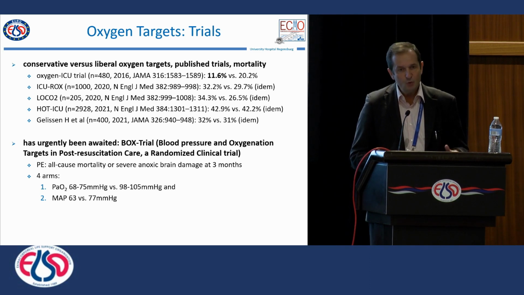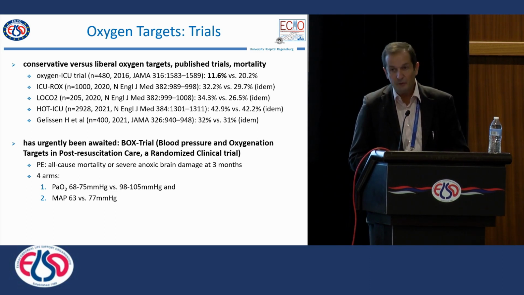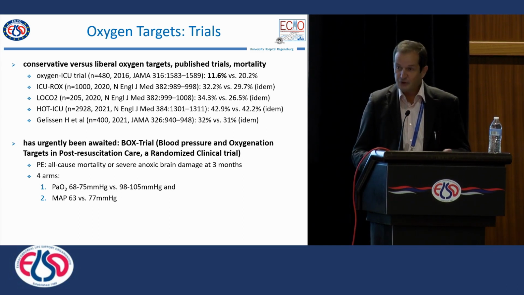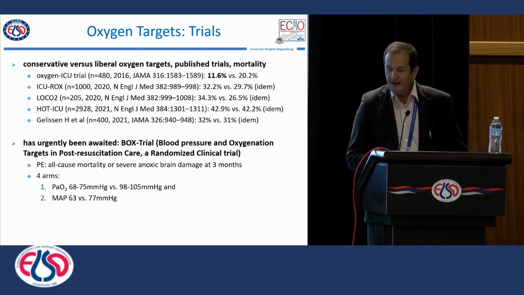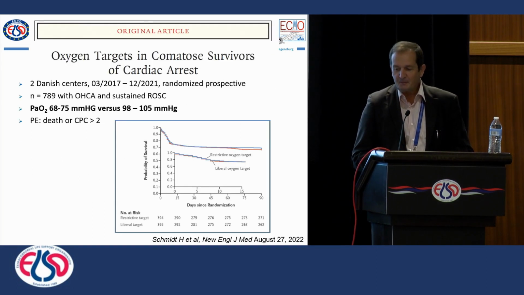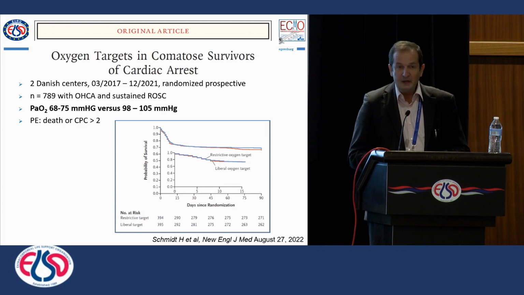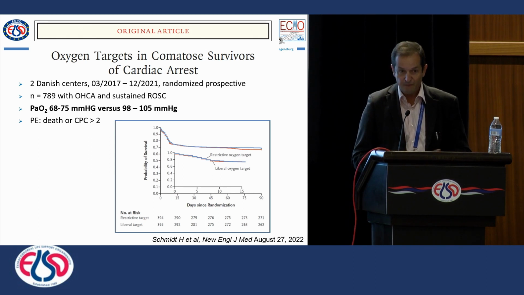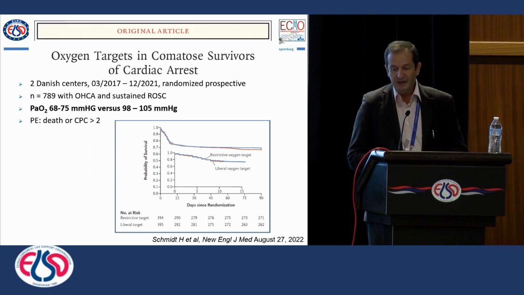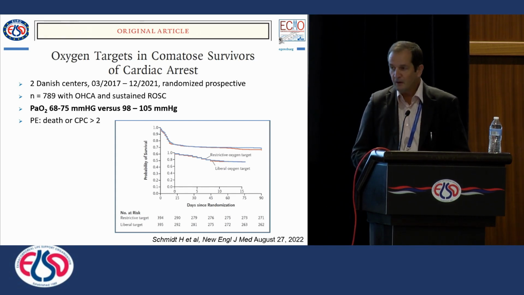And they had another 2 arms with a different mean arterial pressure, 63 millimeters of mercury versus 77 millimeters of mercury. Fortunately, that came out just in time to present it to you. What was the result? Well, 789 patients with out-of-hospital cardiac arrest and sustained ROSC, so a very big study, PaO2 around 70 versus close to 100, no difference.